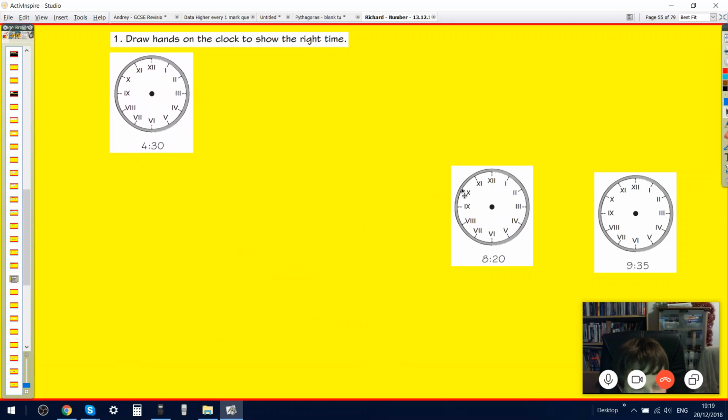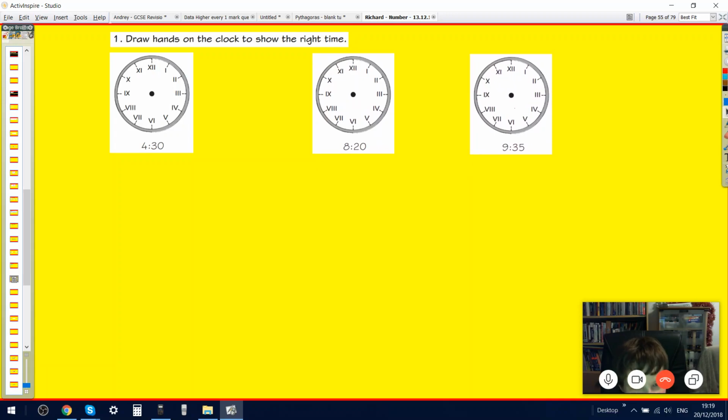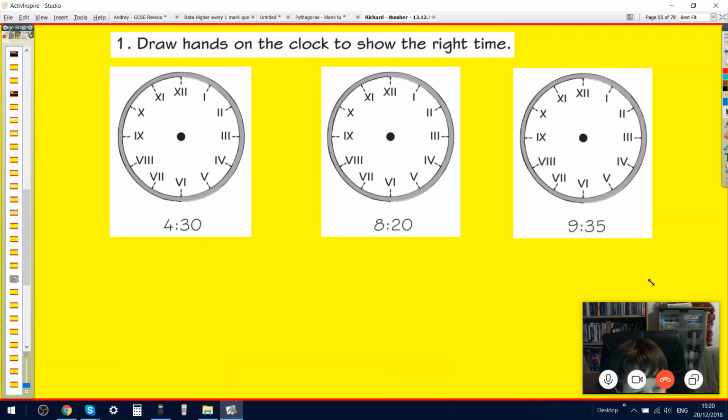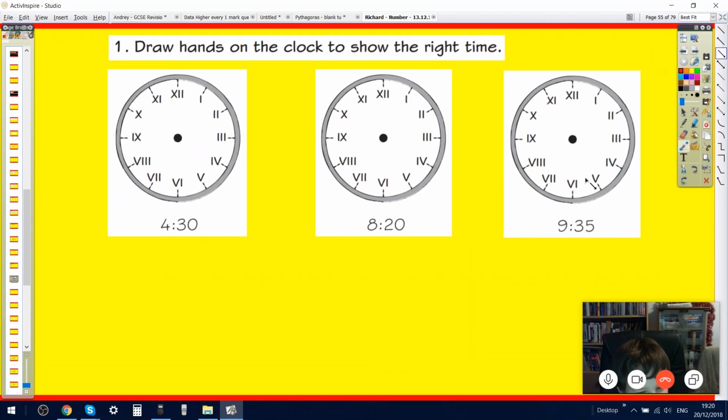Okay. How do we do this one? It says draw hands on the clock to show the right time. So for the first one, it says 4:30. So the minute hand, which is the big hand, would need to be pointing at the 4.